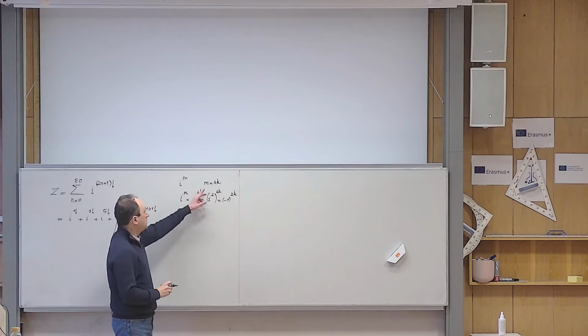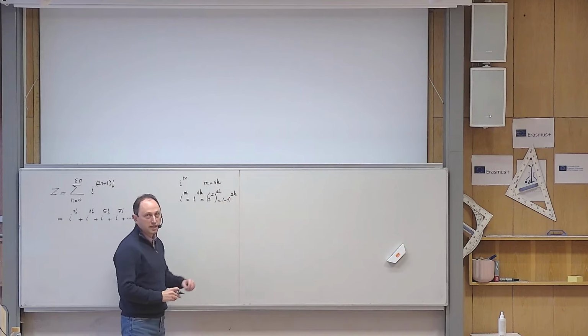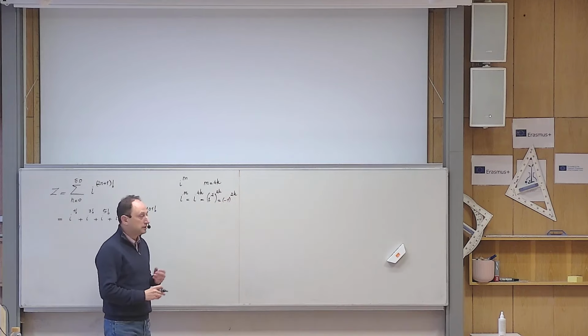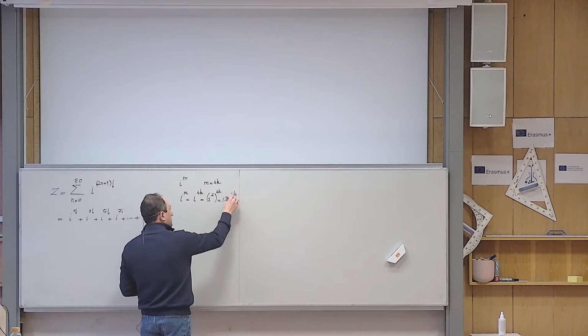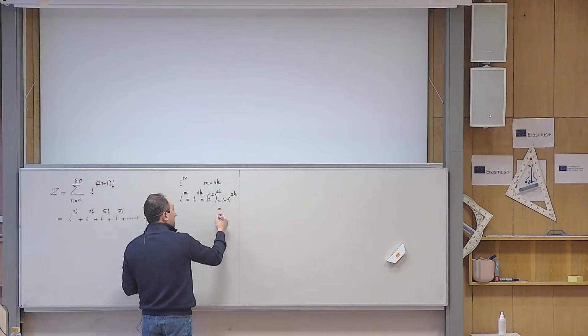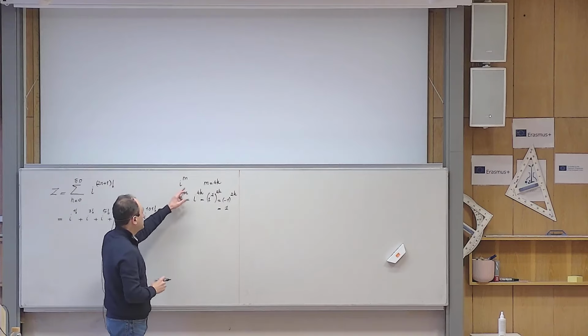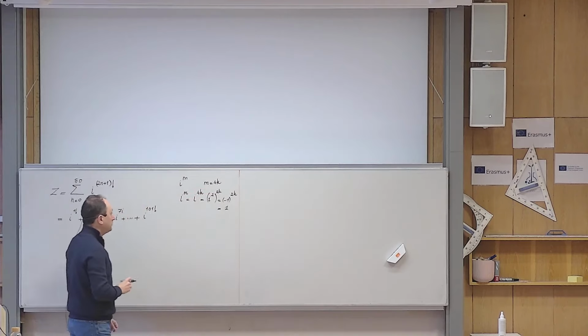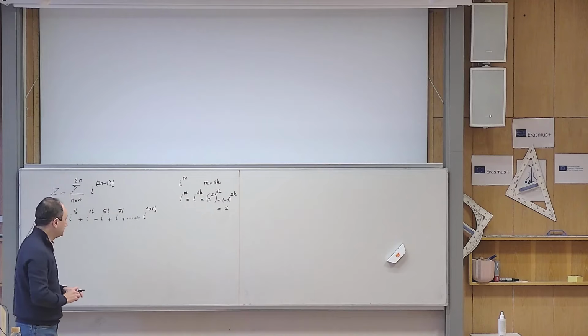Since k is an integer, 2 times k is an even number, regardless of the value of k. And minus 1 to an even power becomes positive 1. So it is very important to realize that if your exponent is a multiple of 4, i to that exponent is equal to 1.